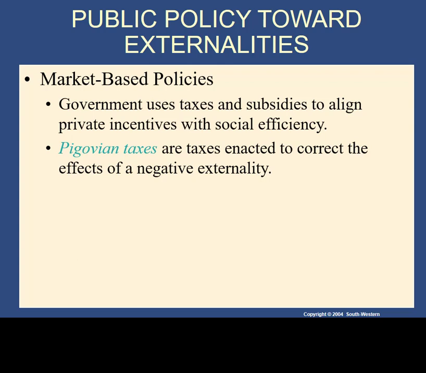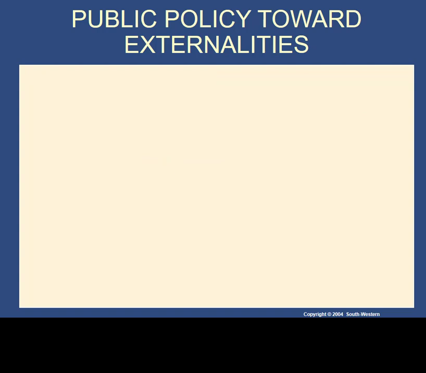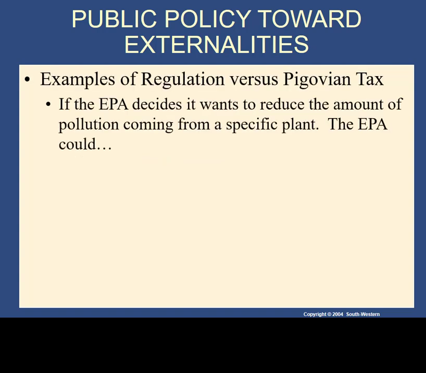And so a tax discourages an activity, so it's normally applied to negative externalities. Positive externalities would be a subsidy of some sort that you would apply. You would give people money instead of punishing them through taxes if they were doing something that generated a positive externality.